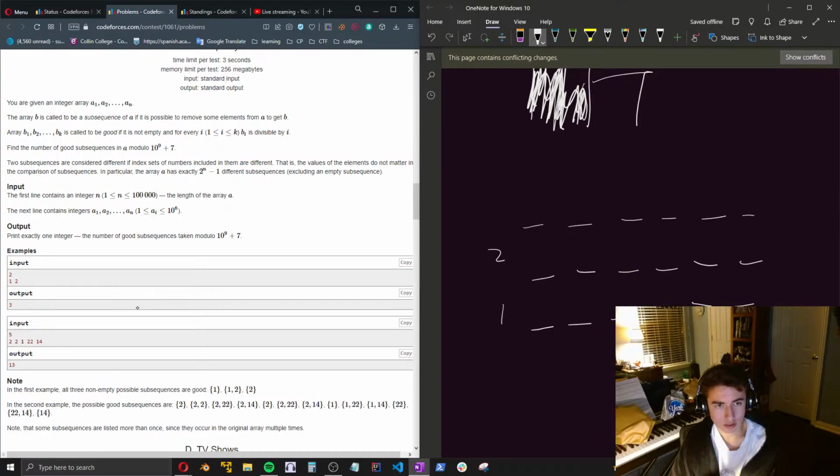So of course we can only update it from before if the element here is divisible by the row.